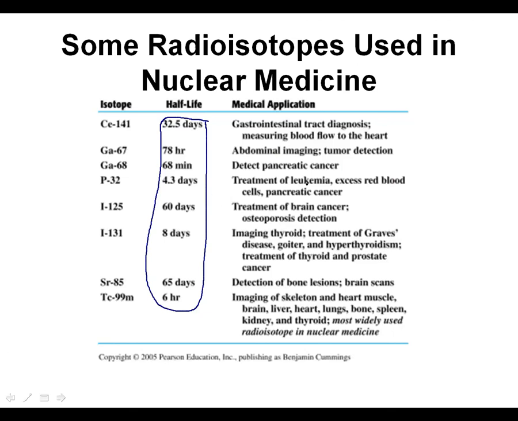We have some treatment of leukemia. Years ago, they used to implant radioactive seeds into tumors to try to shrink them as well. They probably still do some of that today, I think. Treatment of brain cancer here. Again, imaging of the skeleton, heart muscle, and I think that's what the picture was we saw on the previous page as well. So again, there are a lot of applications of these.